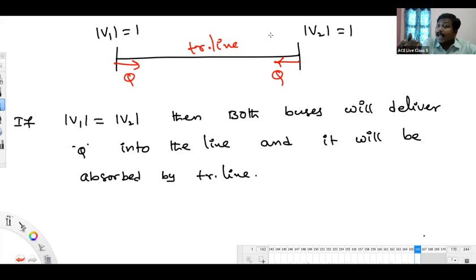If one bus is absorbing real power, then obviously the other bus is supplying it. But reactive power is not like that. We can't decide exactly from which bus to which bus the reactive power is flowing.